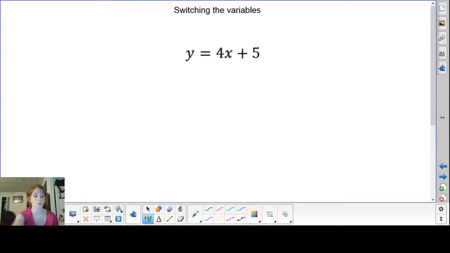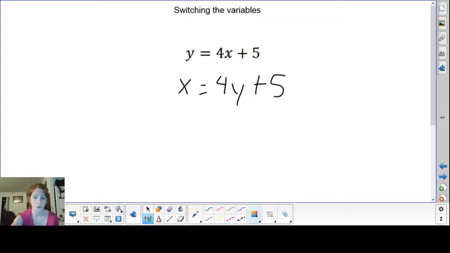So what we're going to do first today is switch our variables and solve for the inverse. In order to find inverses, I start by taking my x and my y and switching places with them. So I have x is equal to 4y plus 5. Now I'm going to solve for y.